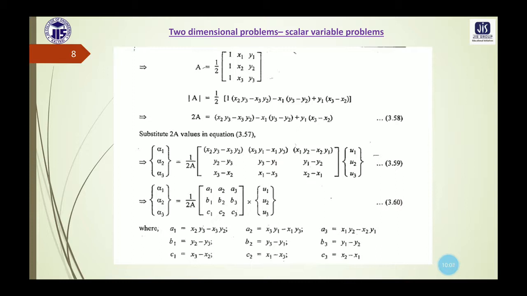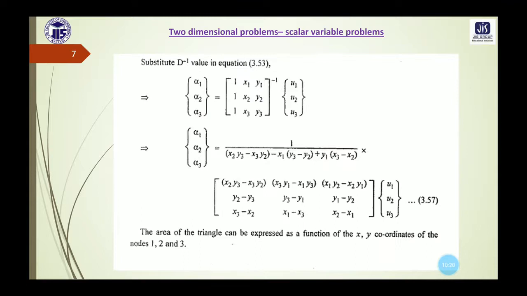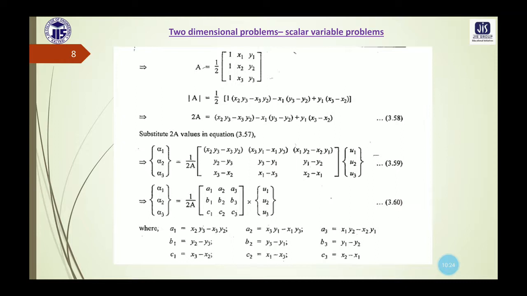Now we need to substitute the value of 2a from equation number 3.58 into the earlier one, equation number 3.57. So finally we get equation numbers 3.59 and 3.60.